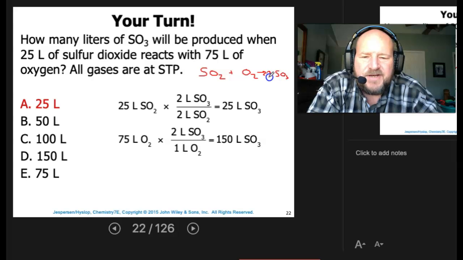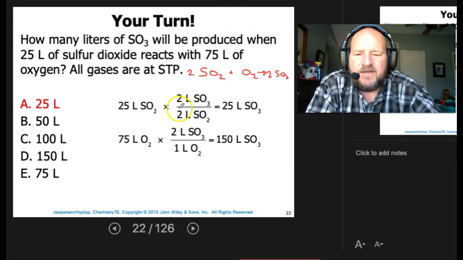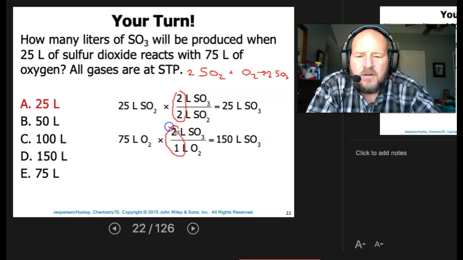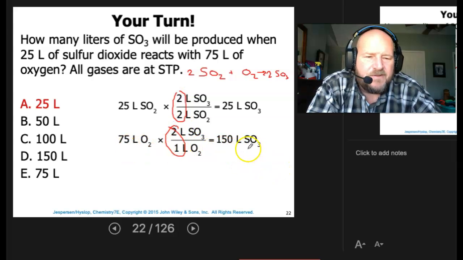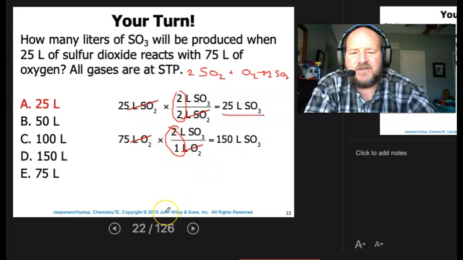Then to balance it, we need a 2 here, and we need a 2 there. Okay, so that was the chemical reaction. These are your coefficients. And of course, for the second one, we come out to 150 liters. And we know that that means once we make 25, we run out of SO2, so the reaction will stop at that point.